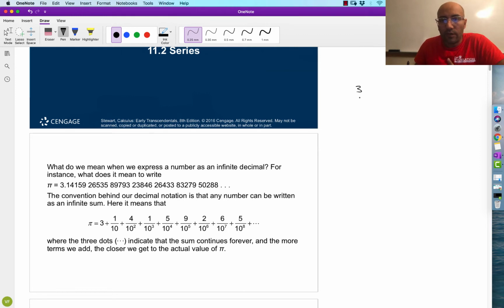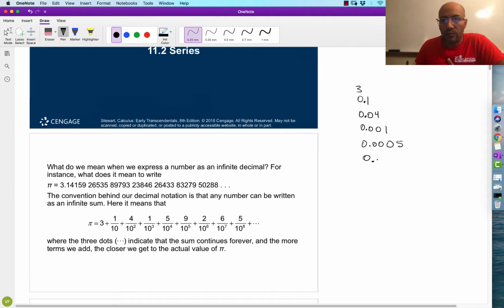And then to that, we're going to add 0.1. And then to that, we're going to add 0.04. And then to that, we're going to add 0.001. And then to that, we're going to add 0.0005. Right? So you see where I'm going with this.